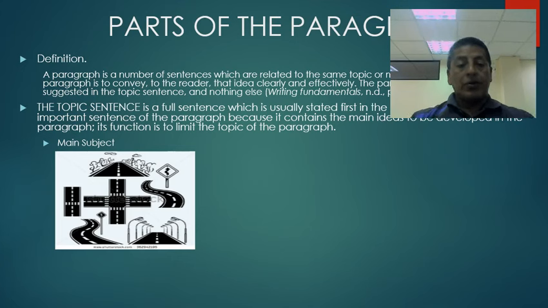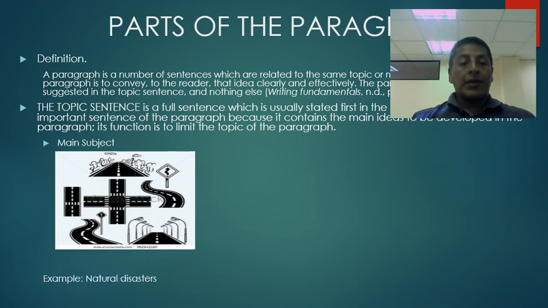Okay, so as you can see in the picture, you see many roads that may lead to the same place or to different places, but you don't know which one you are going to choose, or which one, in this case, considering the paragraph, the writer is trying to talk about or deliver the message about. Let's see an example.